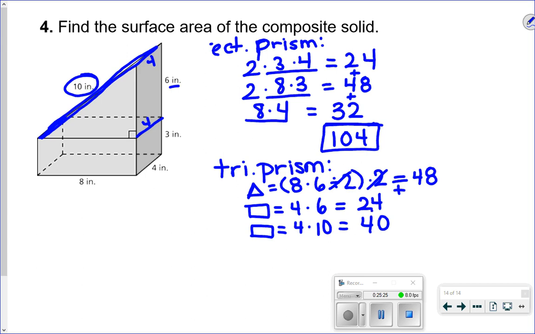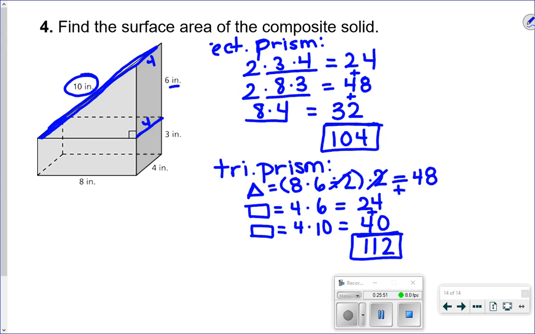And now I'm going to add my triangular prism parts together. Now I could have waited and added all my answers together in one step, but since I separated it with the labels, rectangular prism, triangular prism, I'm going to go ahead and add those as separate parts before I put the parts together. So it looks like I have 112 as my surface area for the triangular prism part.